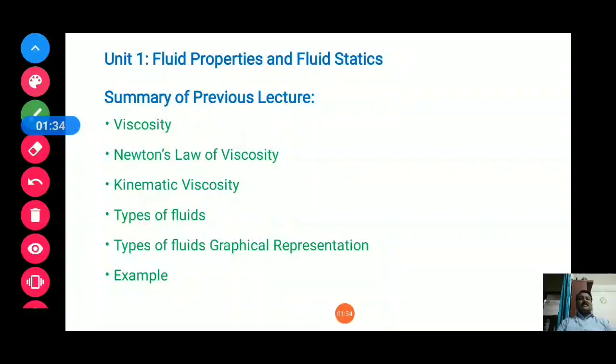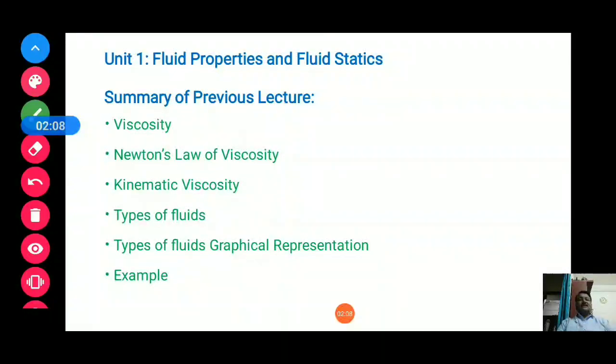Now there are two other types of fluids: ideal plastic fluid and thixotropic fluid. Ideal plastic fluid has some yield value, and after the yield value Newton's law of viscosity is obeyed. Thixotropic fluid has a yield value and after that Newton's law of viscosity is not obeyed.